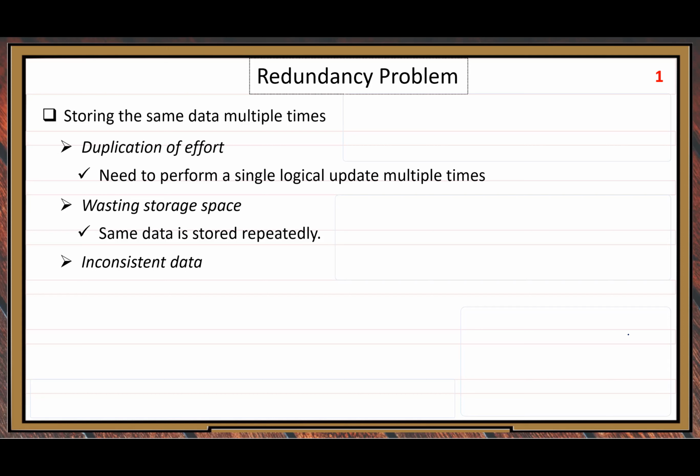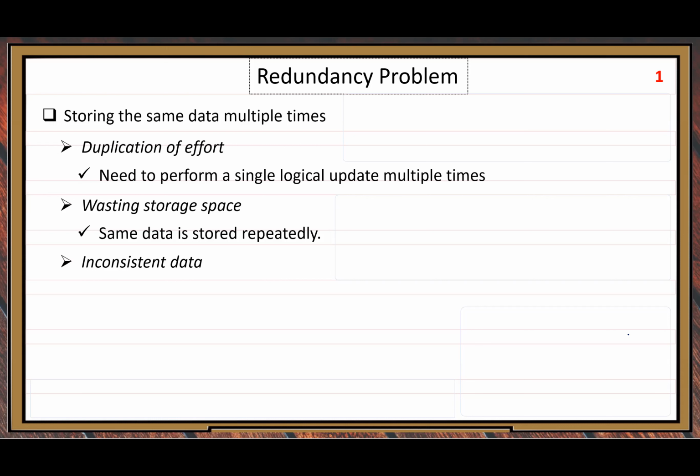Then this is the biggest one. Duplication of effort and wasting storage space are not as big as the third disadvantage: inconsistent data. That's the disaster for your business. That could cause a big problem in your business, so this is definitely not allowed.